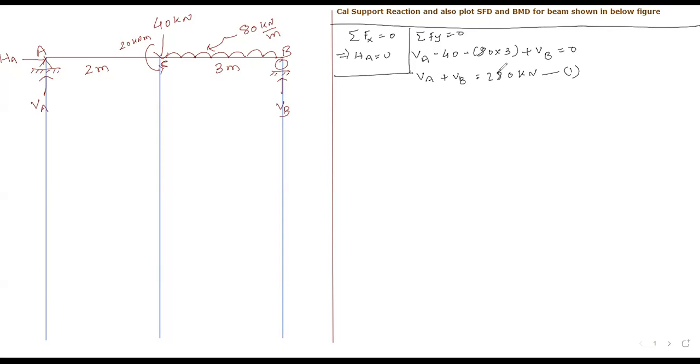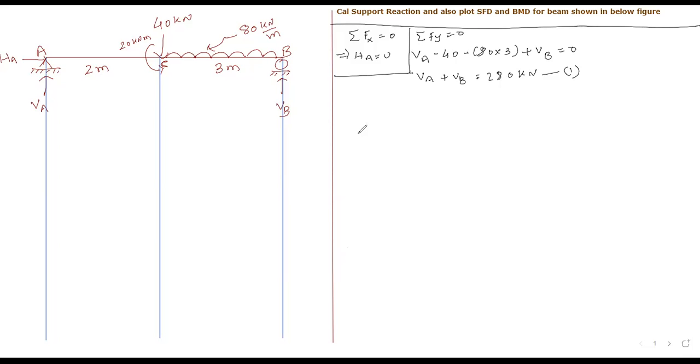So in that case, we need to consider moment. My question is that first, are we considering force or moment?